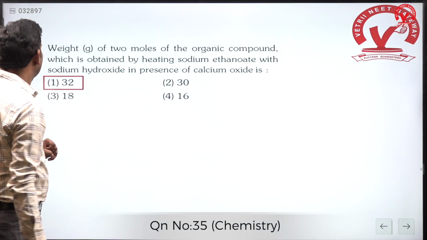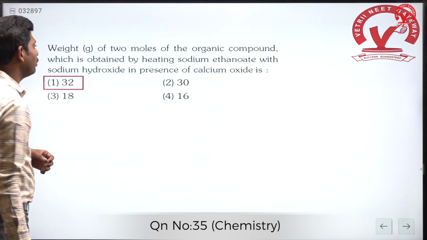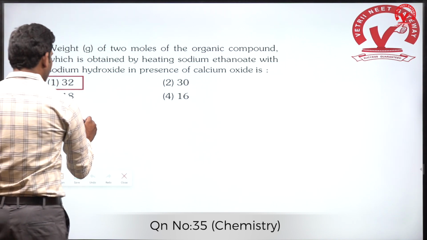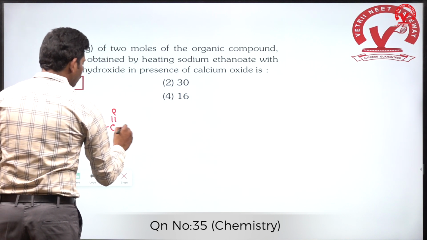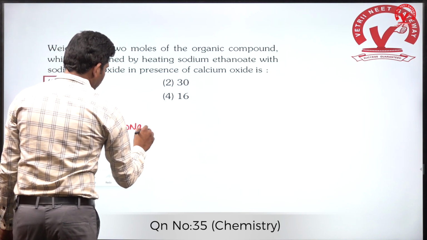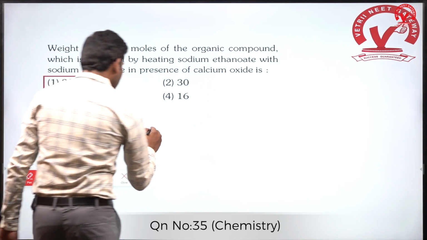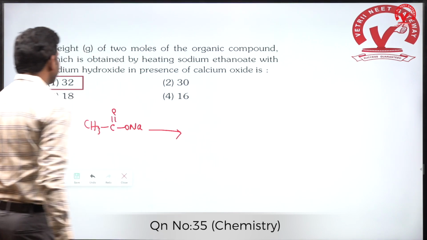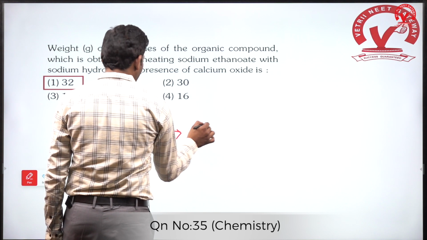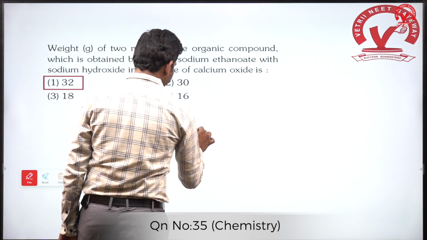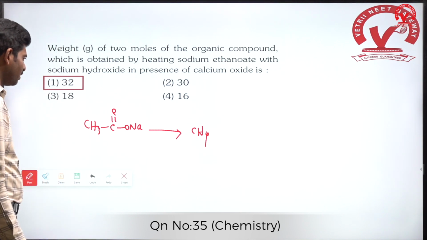Next one. What is the weight of 2 moles of the organic compound obtained by heating sodium ethanoate? CH3COONa is sodium ethanoate. In the presence of sodium hydroxide and calcium hydroxide, it will give CH4.